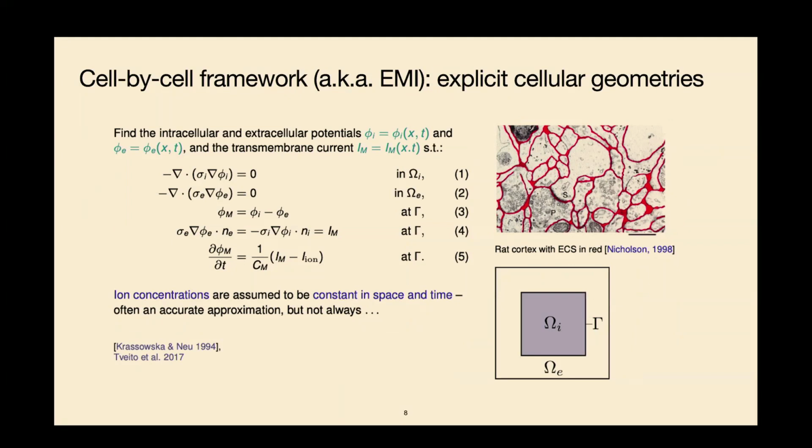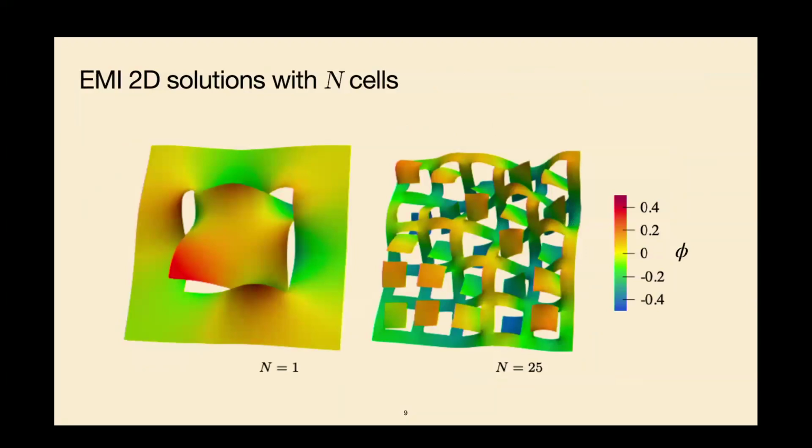And then you have some ODE on the interface, where all the complexity and the dynamics come into play, because otherwise inside and outside are just elliptic problems. And this is just for the potentials. This is an example of the solution for one cell or 25 cells. It's interesting because the gradients are continuous, but the solution is not.